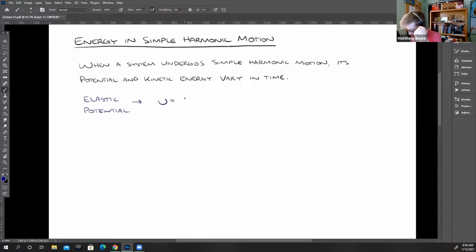U is 1/2 k x squared, and remember the k is the spring constant of whatever spring you're using. And for kinetic energy, we had capital K, which is just 1/2 mass times velocity squared.